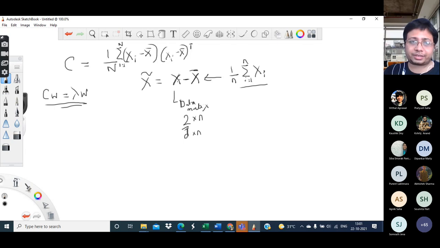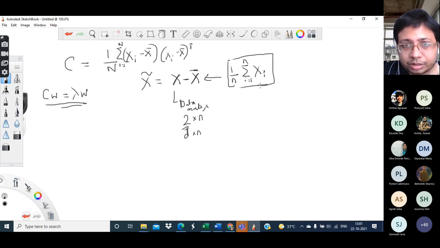Here you may ask that x I have said is a matrix and x bar I have said is a vector. So how can a vector be subtracted from a matrix? Well, x bar is basically such a matrix where every column is equal to this quantity. So this is also a d cross n matrix with identical columns, that identical value being equal to this thing. So this is d cross n, this is also d cross n, and obviously x tilde will also have to be d cross n.